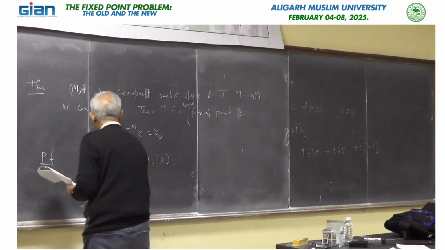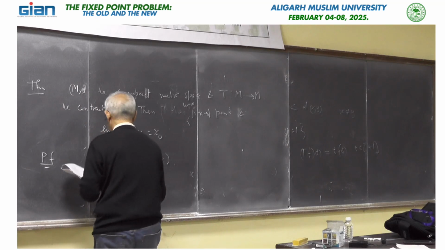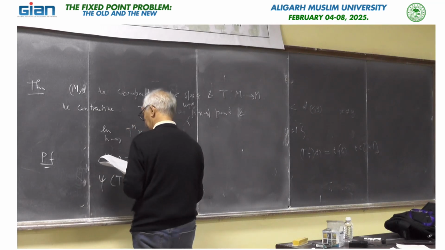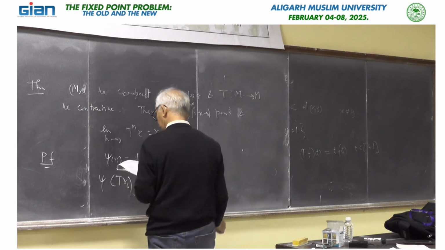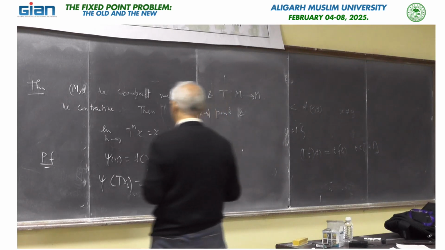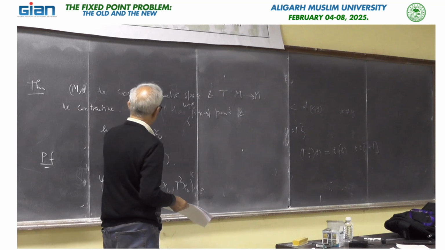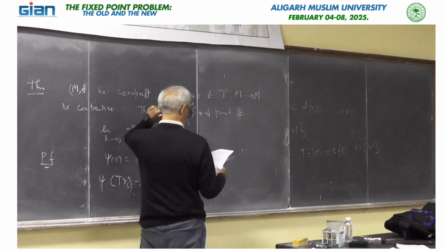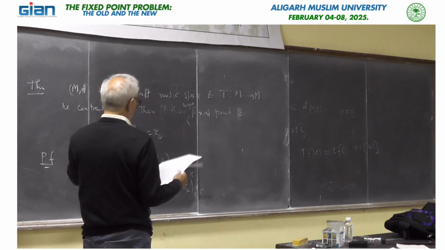So, then psi of Tx_0 is d of Tx_0, T squared x_0. One thing is actually this, because it is a contractive map.